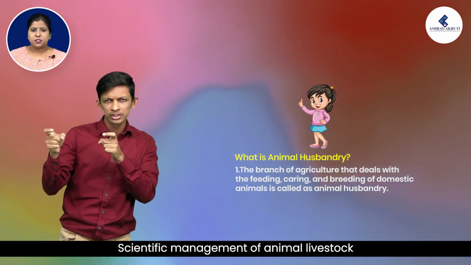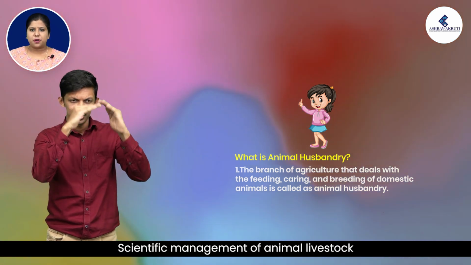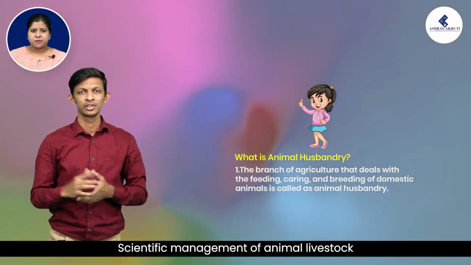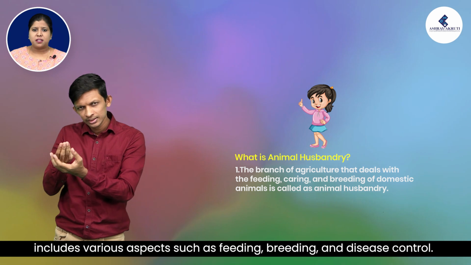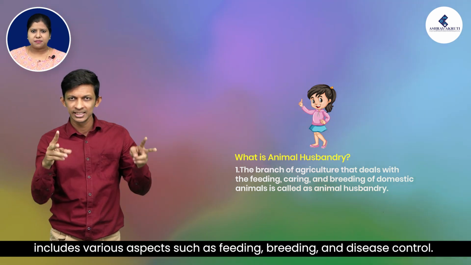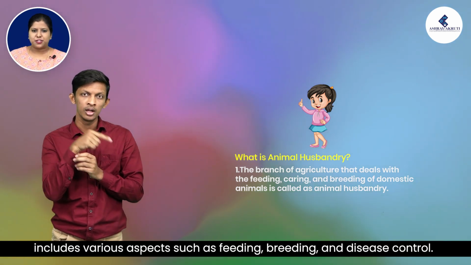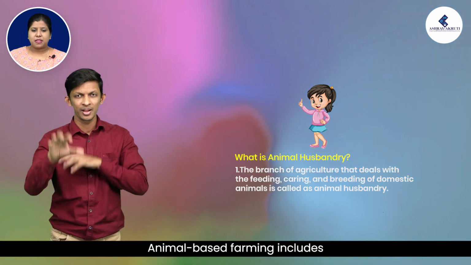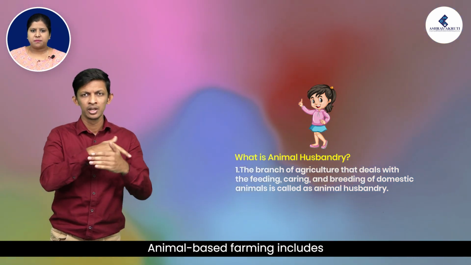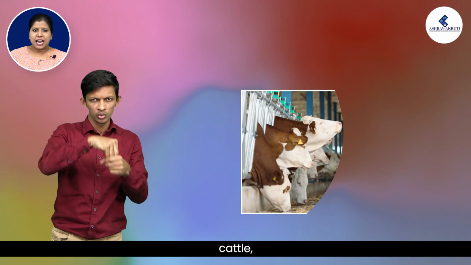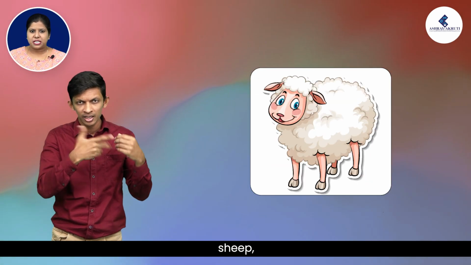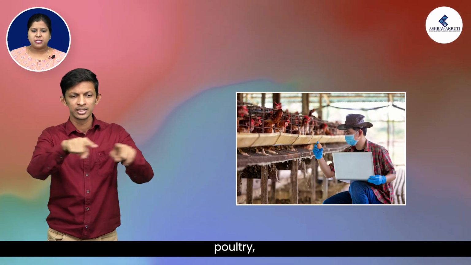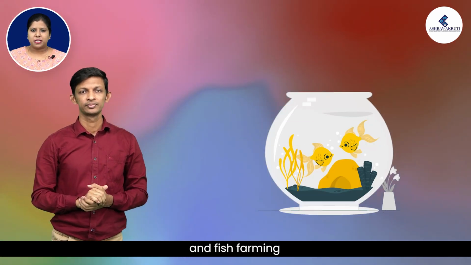Scientific management of animal livestock includes various aspects such as feeding, breeding, and disease control. Animal-based farming includes cattle, goat, sheep, poultry, and fish farming.